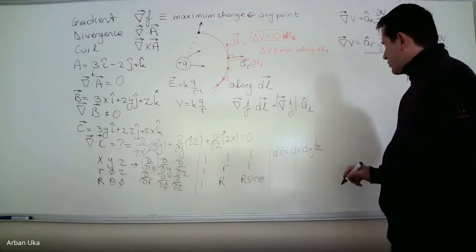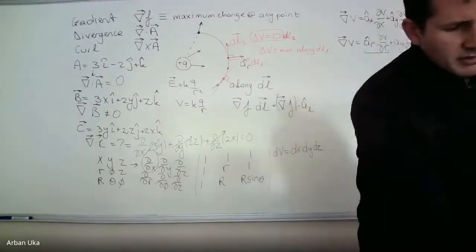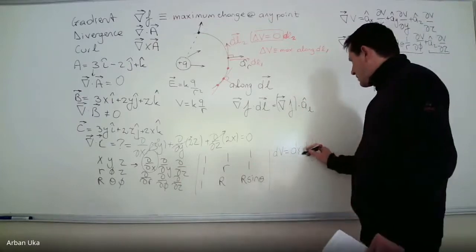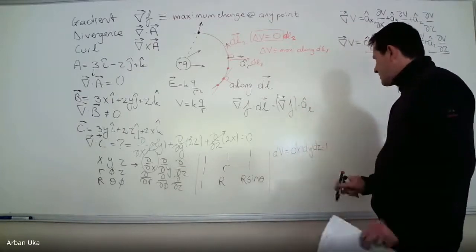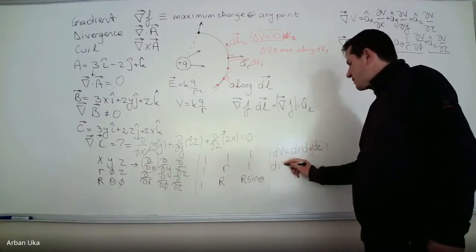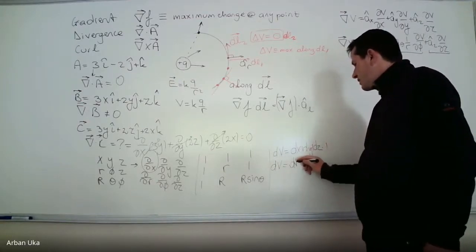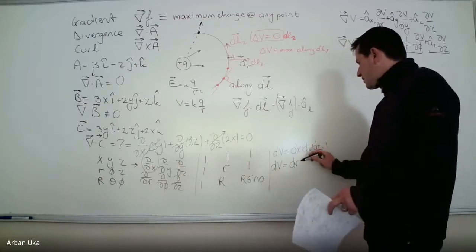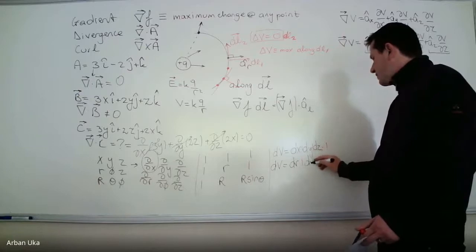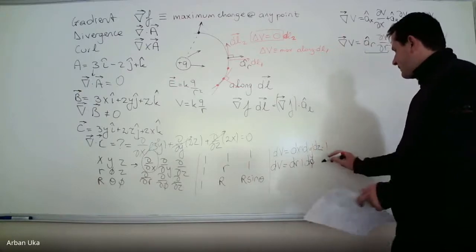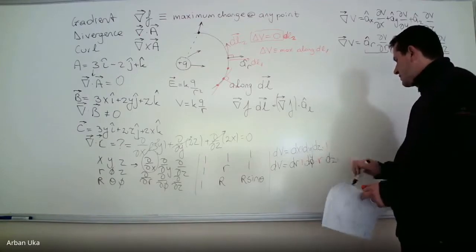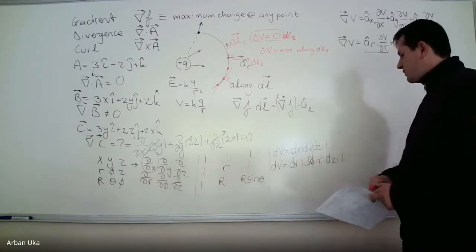In fact, this would be dx times 1. Maybe it's best if we write it like this. Dx times 1, dy times 1, dz times 1. So nothing has changed. But now in cylindrical coordinate system, this has to be dr times 1 times d phi times r, and dz times 1, okay?